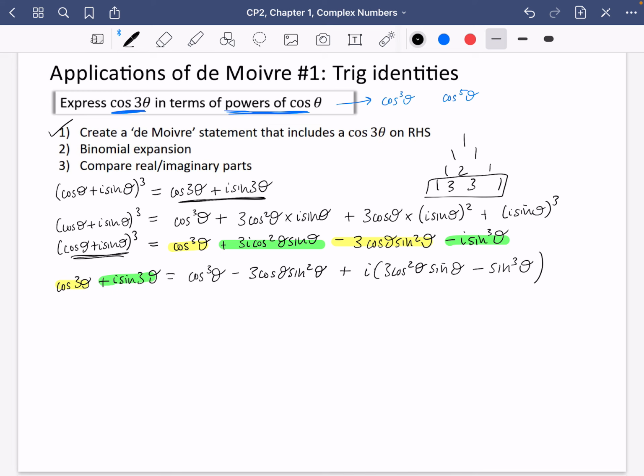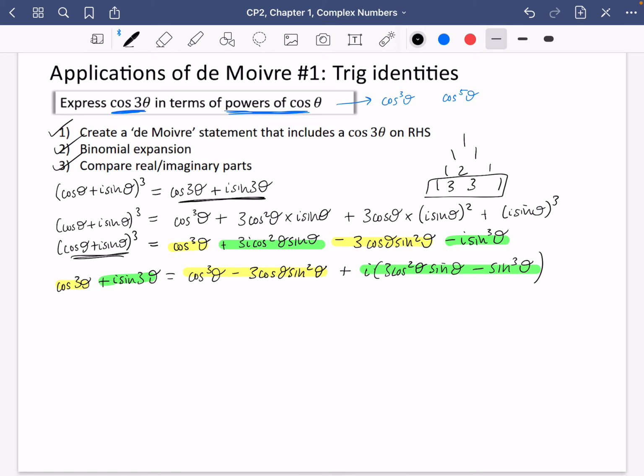So clearly, by comparing the real parts, I can see that cos 3 theta must be equal to this, and by comparing the imaginary parts, sine 3 theta must be equal to just the bit that's inside the brackets that we've got here. But we've done the binomial expansion, and now we're doing the comparing of the real and imaginary parts. All we want to know about is the cos 3 theta part.